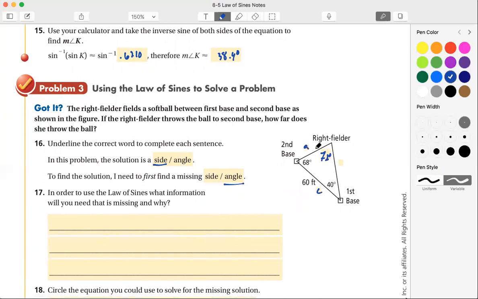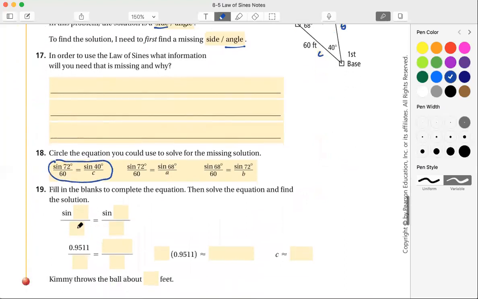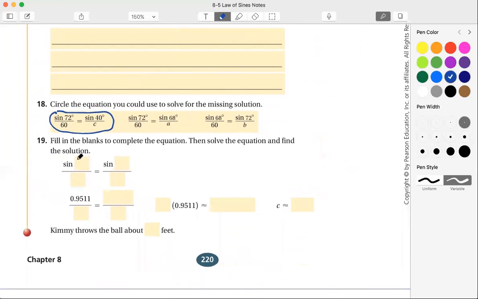This is going to be side a, and this is going to be side b. So we're going to use the equation: sine of 72 degrees over 60 equals the sine of 40 degrees over c. So the sine of 72 degrees is 0.9511 over 60 equals the sine of 40, which is 0.6428, over c.